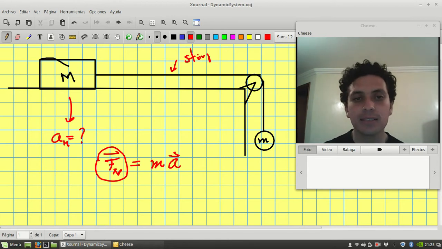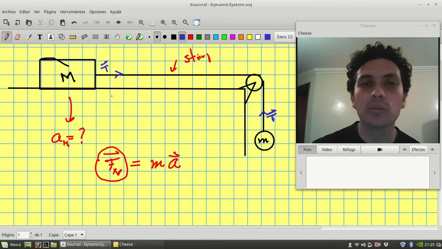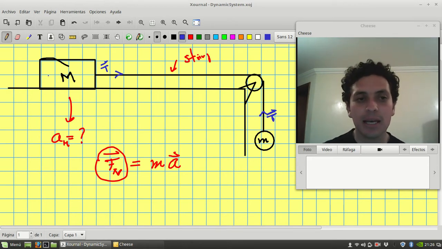In this case, the tension of the string here, which is the same tension on the mass m or the capital M mass, is not going to be an external force. It's part of the system. The dynamic system is the two masses and the string.